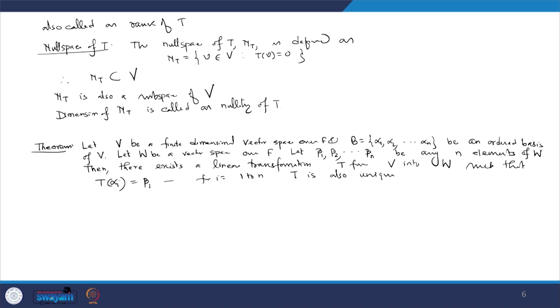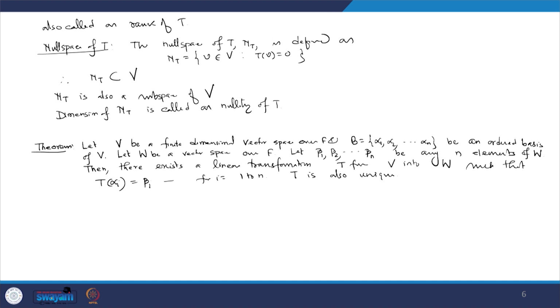So, this is a very important result. The proof is not difficult, but most of the time students forget this issue and face a lot of difficulties in solving problems. This existence of linear transformation is a very important result in linear algebra. Here we have mentioned the dimension of V as finite.